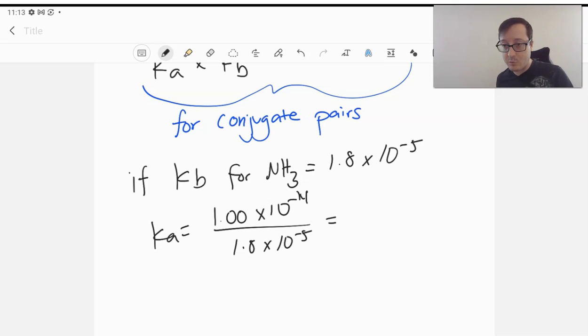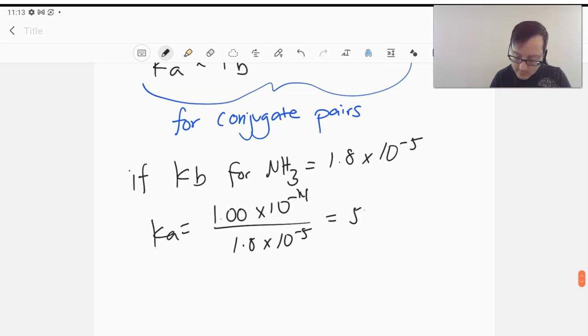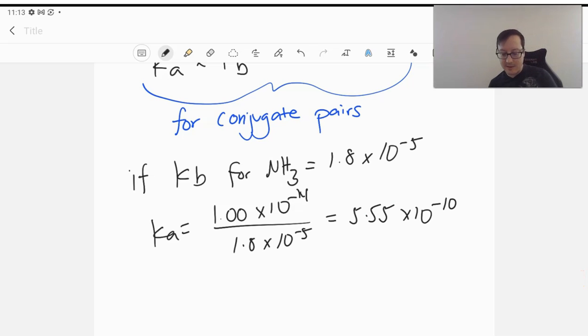Always watch your parentheses here, or use the EE function on your calculator to avoid any sort of accidents. We get 5.55 times 10 to the negative 10.